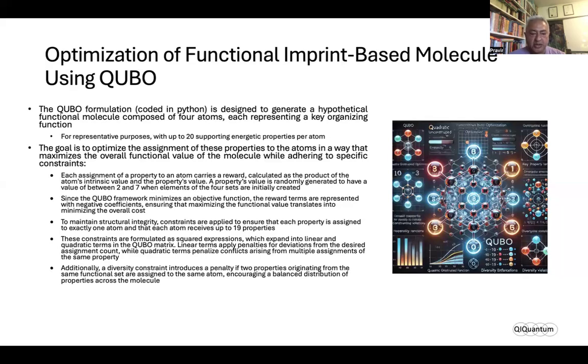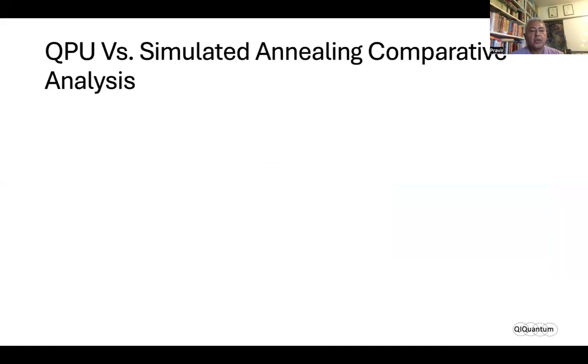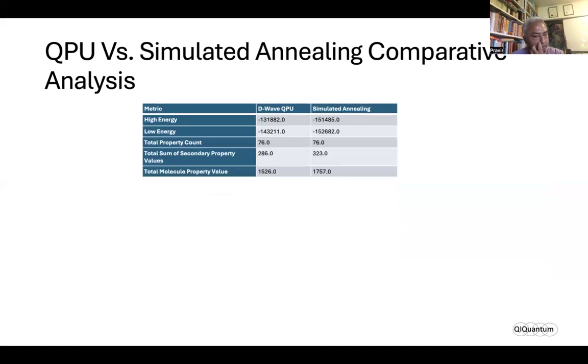Of course, there's many different ways one can set it up. So as a result, there was a QUBO created, and then this QUBO was sent to D-Wave's QPU and its simulated annealing sampler. And here I want to share the results I got back from this quantum process.